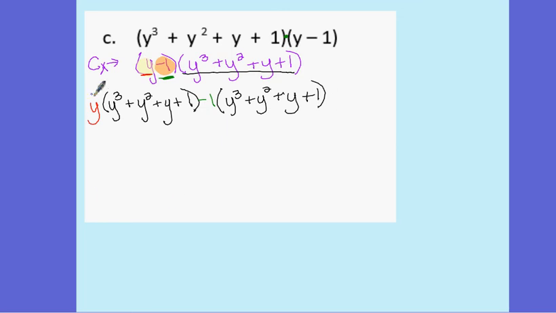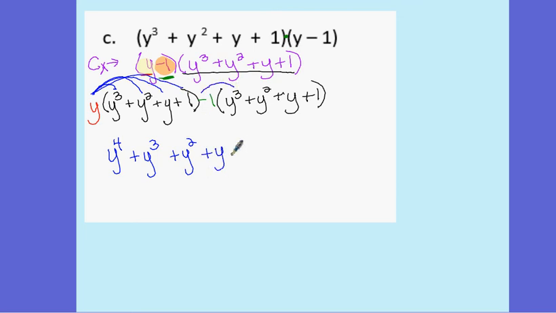Y times y cubed, be careful, is y to the 4th. Y times y squared is y cubed. Y times y is y squared. Y times 1 is just y.